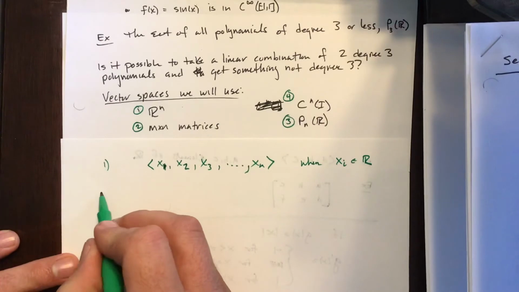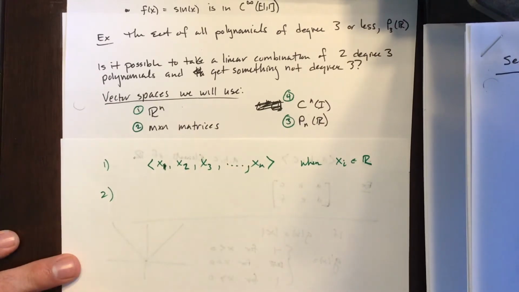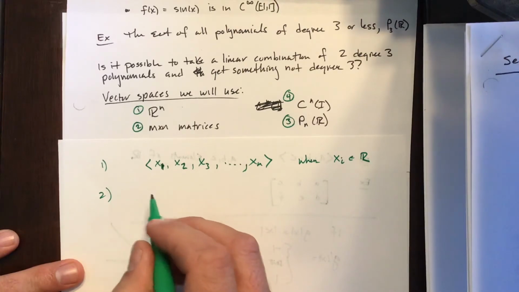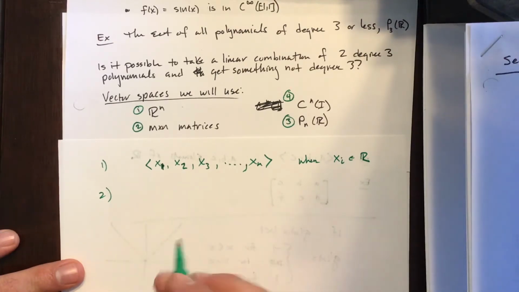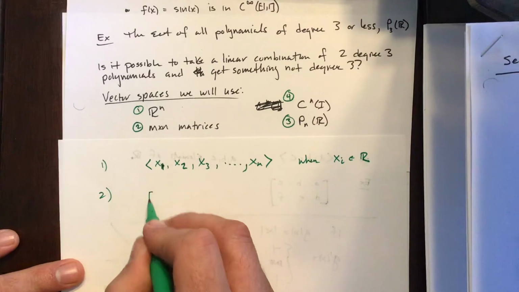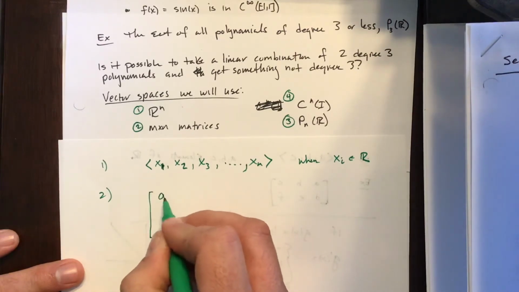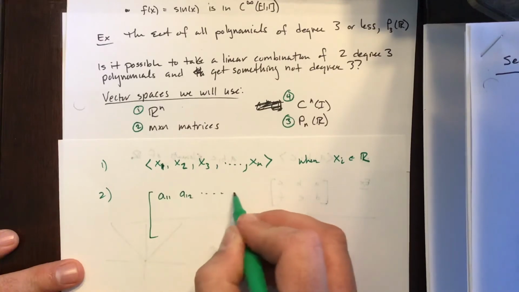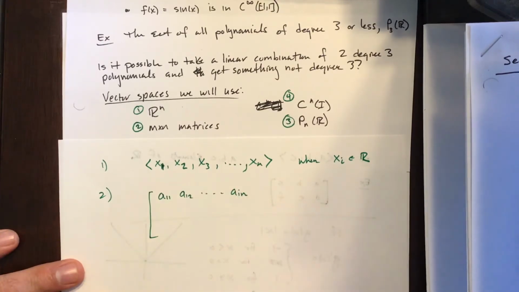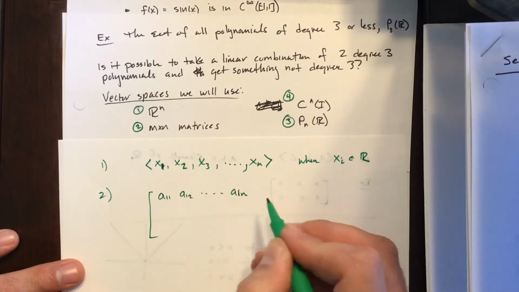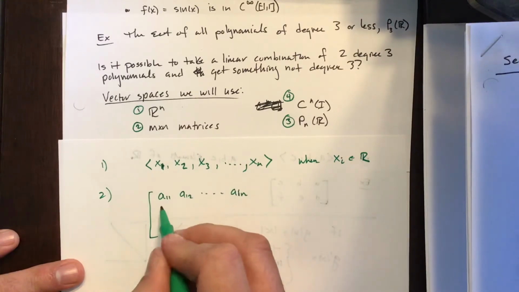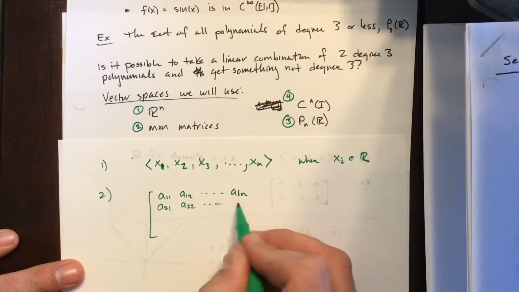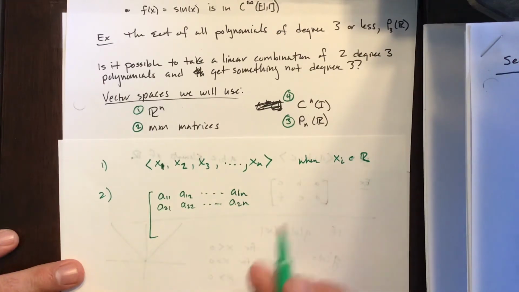What about m by n matrices? Well, that is m rows and n columns. So that looks like a matrix with entries A11, A12, all the way up to A1n. Then A21, A22, all the way up to A2n.